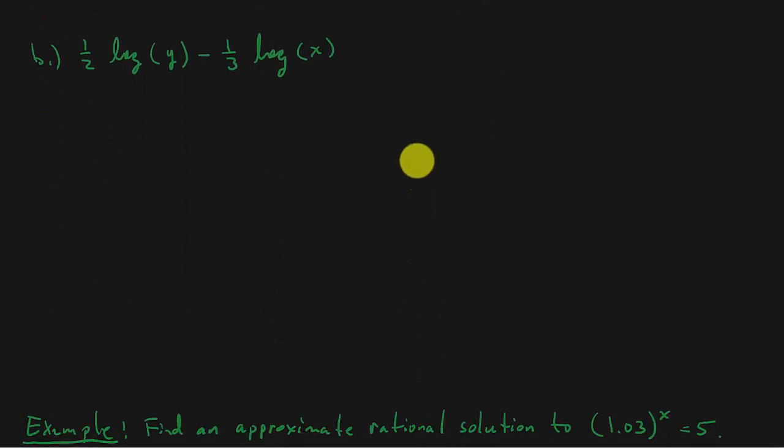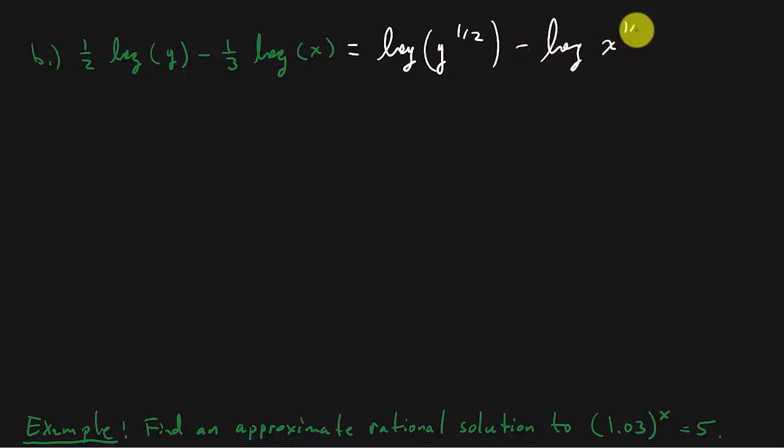All right, so what about this one? All right, first, let's throw these numbers back into the exponents. So that's going to be log y to the 1/2 minus log x to the 1/3. Now subtraction comes together as division.